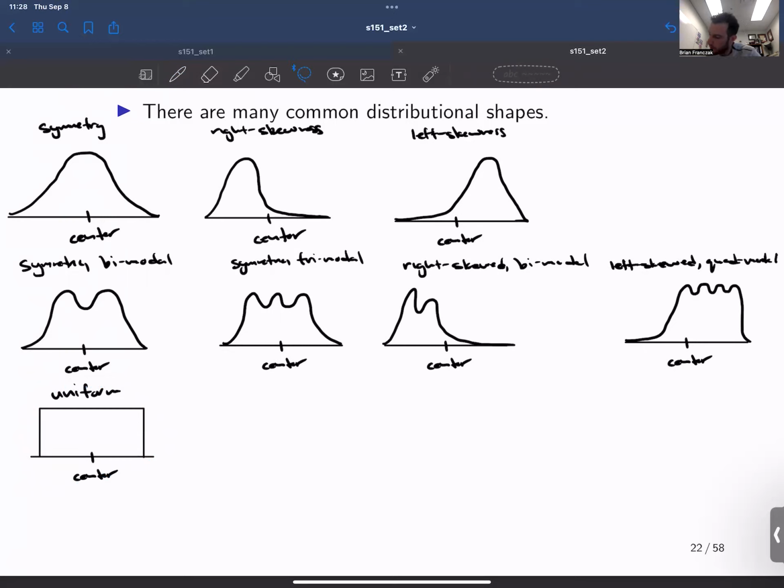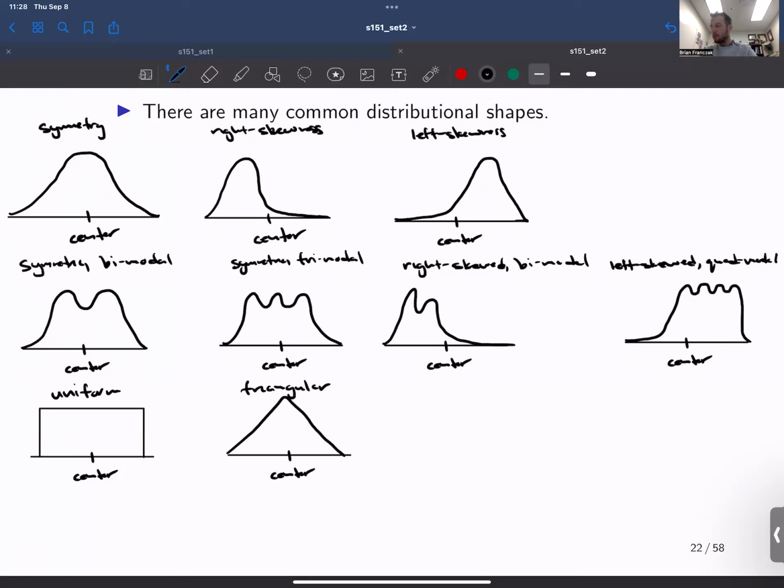You could also observe something that looks like this, though it's very uncommon. And this would be an example of a triangular shape. Notice that both of these are symmetric. Those would probably be about as obscure as we'll see at this level.